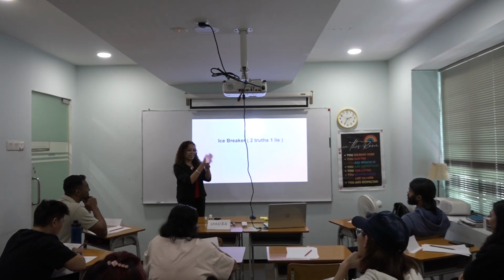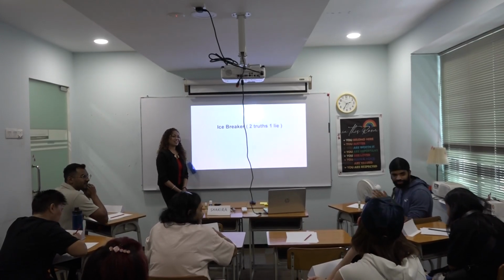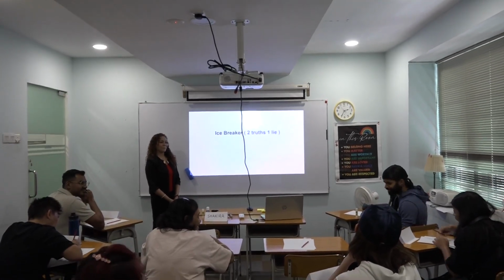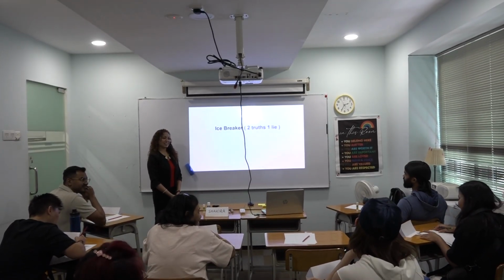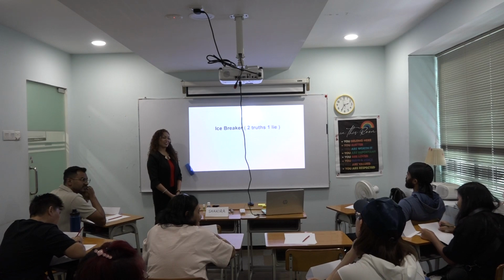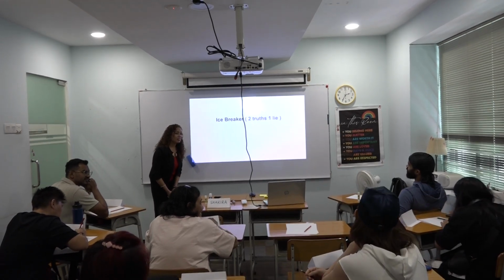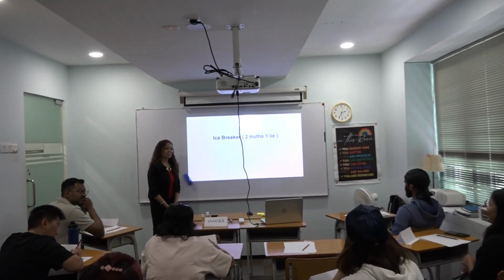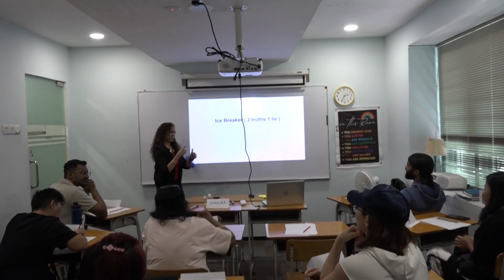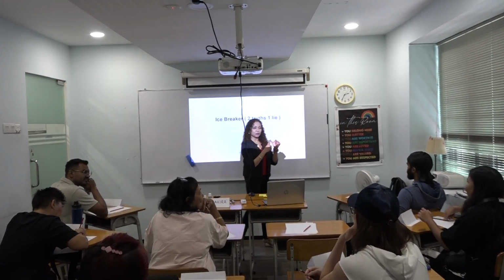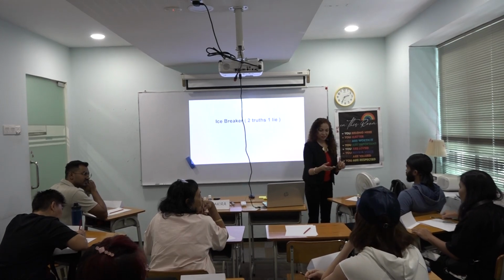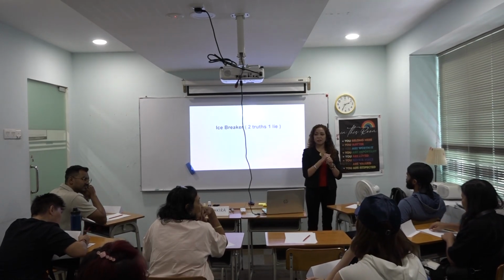Next, can we have Atira? I like blue color. I have ridden a motorcycle, and I have a gold bar. Okay. So again, one more time. She loves the color blue, yes.